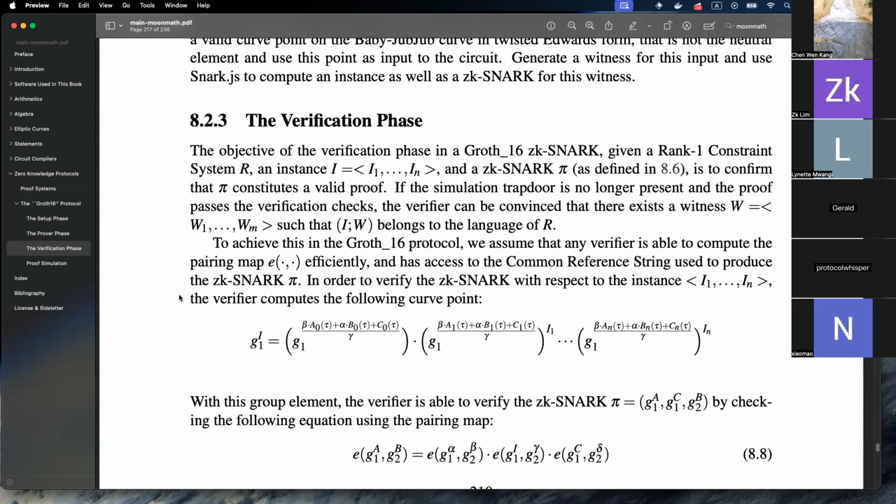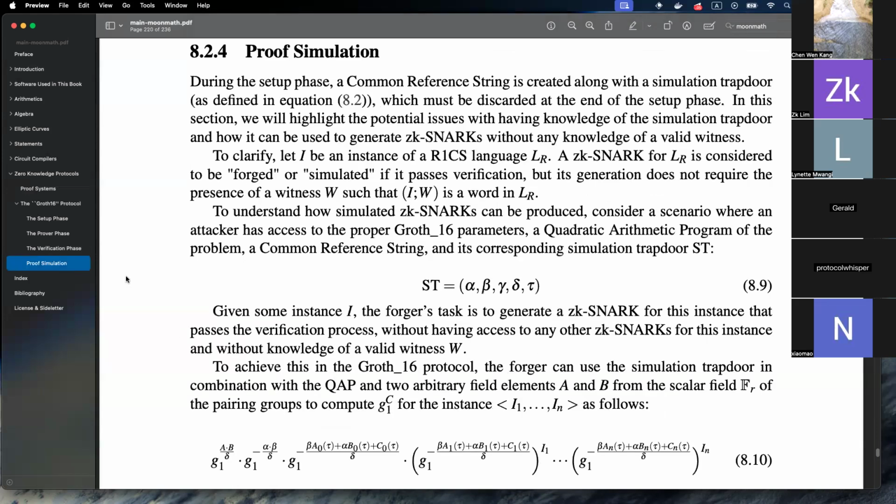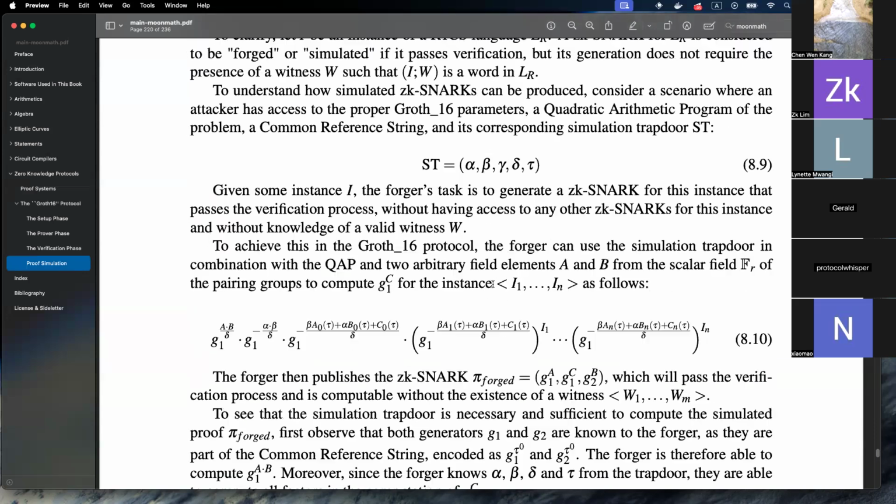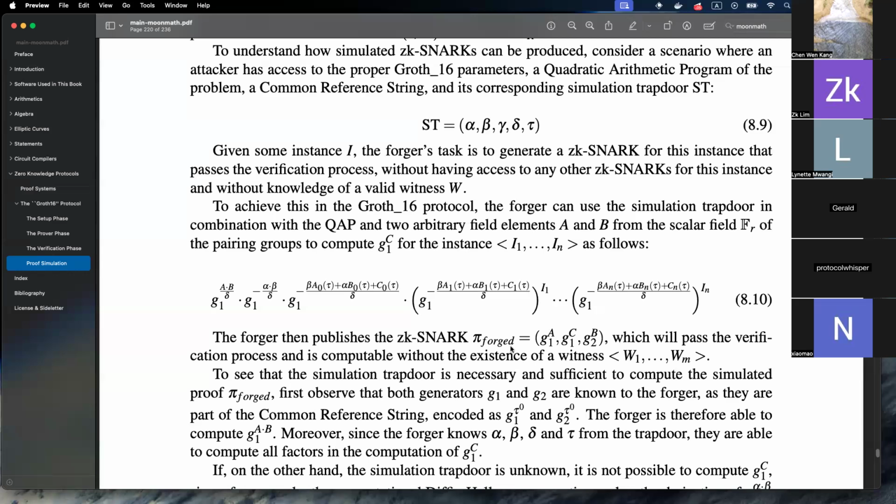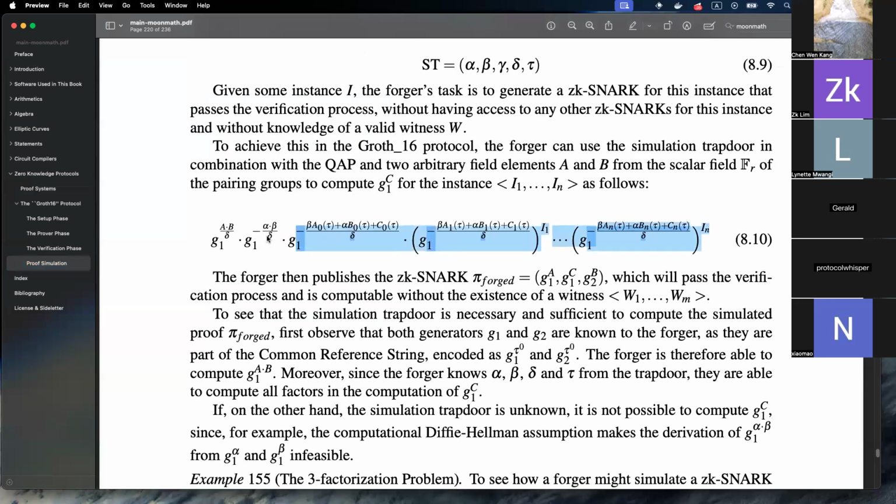Okay, finally, proof simulation. Proof simulation is just to show that with the toxic waste, you can actually generate a fake proof. It essentially shows you how it's done.